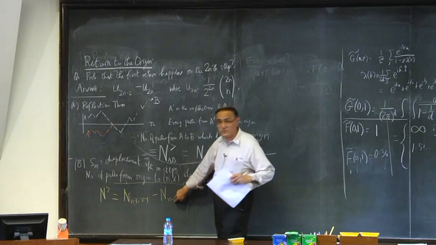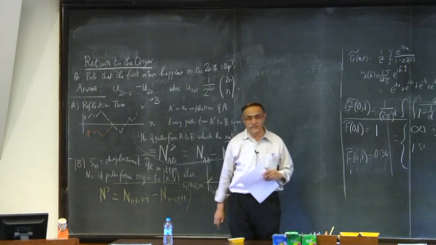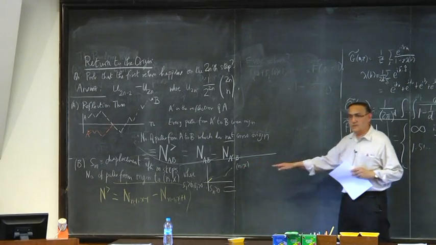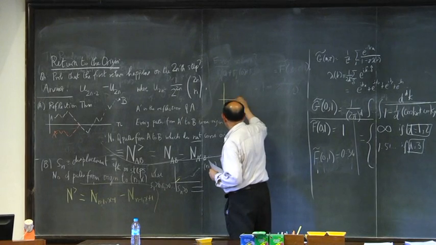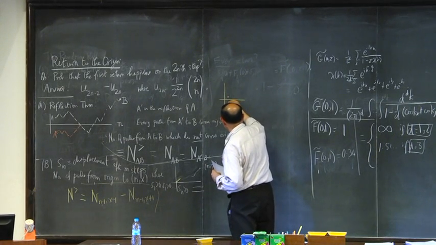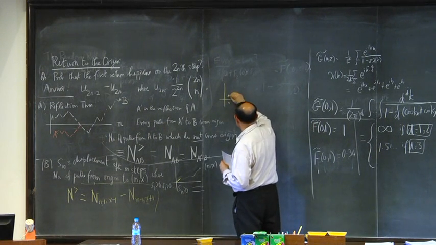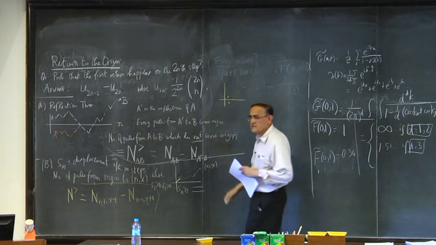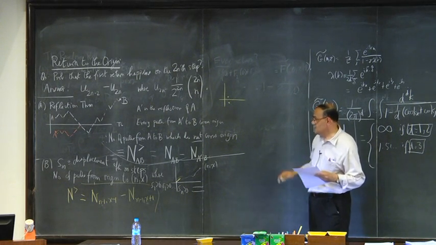This is your contribution from A prime and this is the contribution from A. Think about it. Here is A at 1 1, here is A prime at this point and you have to reach this. I think this is clear. All right. This completes part B.